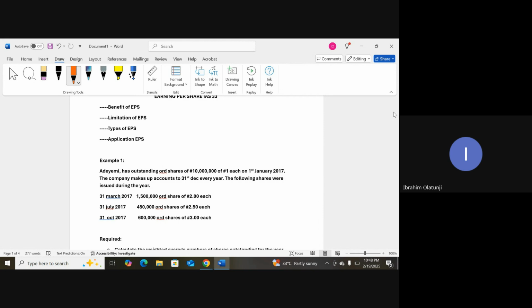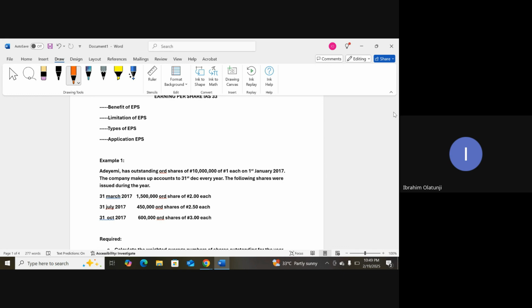We also said EPS is not a complete tool for investment analysis, because it cannot provide information on the liquidity position of the entity. Unlike ratio analysis, which is a complete investment tool because we can use it to determine the liquidity position of an entity.